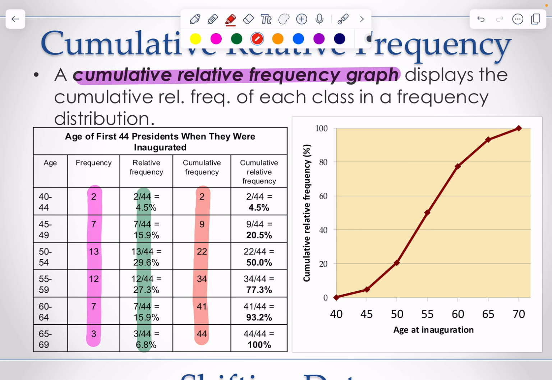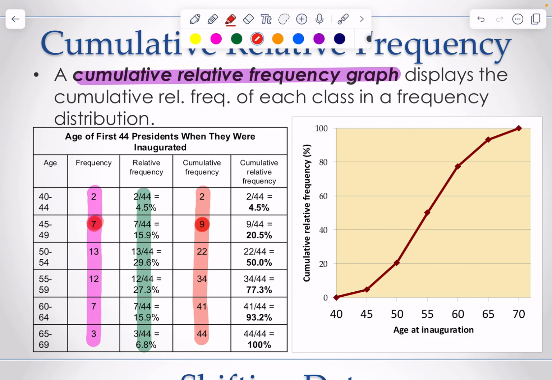Then when I go to 45 to 49, in our frequency table, 7 of the presidents were inaugurated within that age range. But on our cumulative frequency, we're keeping track of the total number up to that point. So 9 of the presidents had been inaugurated by the age of 49.